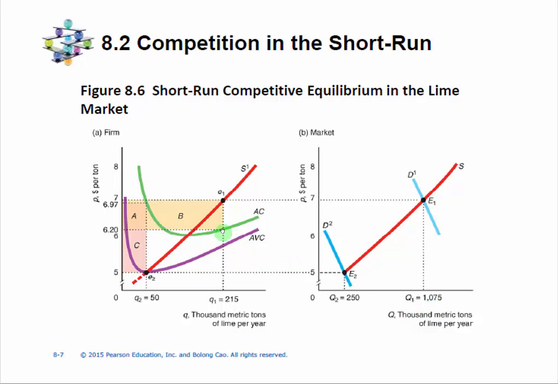For each firm, the price is $7 per unit and the average cost is $6.20. So each firm's per unit margin is 80 cents. 80 cents times 215 units, where each unit is 1,000 metric tons, means one firm is making $172,000 in profit. That is in the short run. This is a short-run profit if the market price is $7.